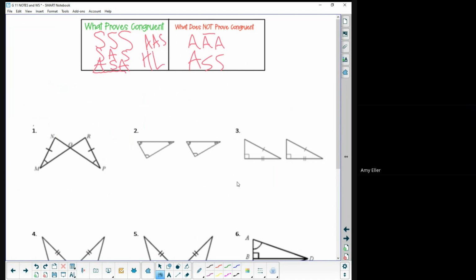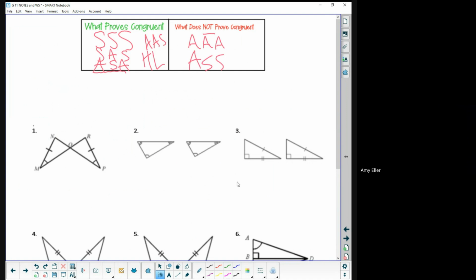HL. Anybody want to guess what HL stands for? What do you think? Good guess. No. What do the last words say? Height and length. High, low. Good guess. High, low. Any others? Oh, yes.